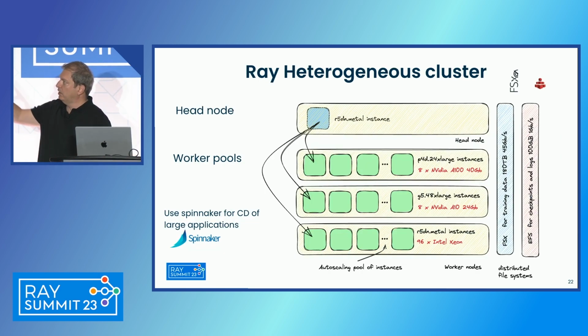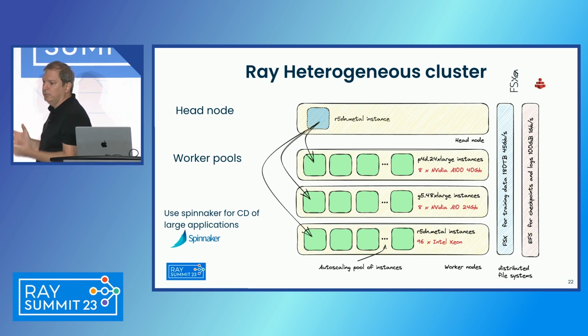Spinnaker lets you organize in auto-scaling groups because we deploy everything here in AWS. So the worker pools are uniform on the machine type. So we have a worker pool for A100s. You see the dots represent that they are auto-scalable.